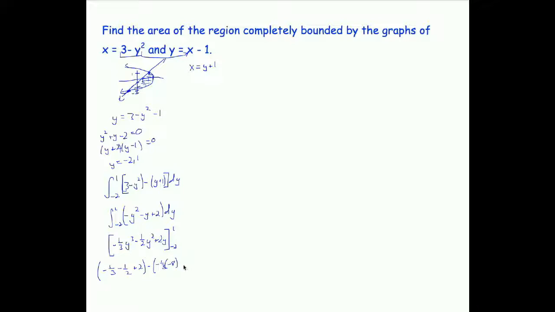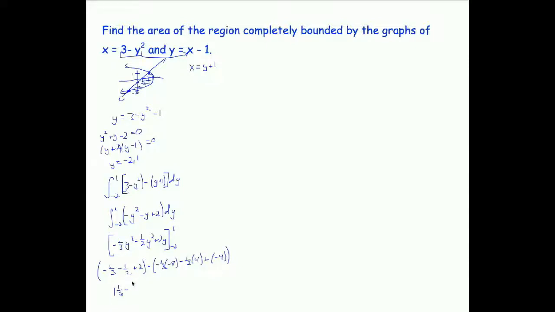And then we have minus 1/2. Putting -2 in there, -2 squared is 4, so times 4. And then plus 2 times -2 is -4. This is going to be -1/3, and -1/2 is -5/6, plus 2 is 1 1/6.